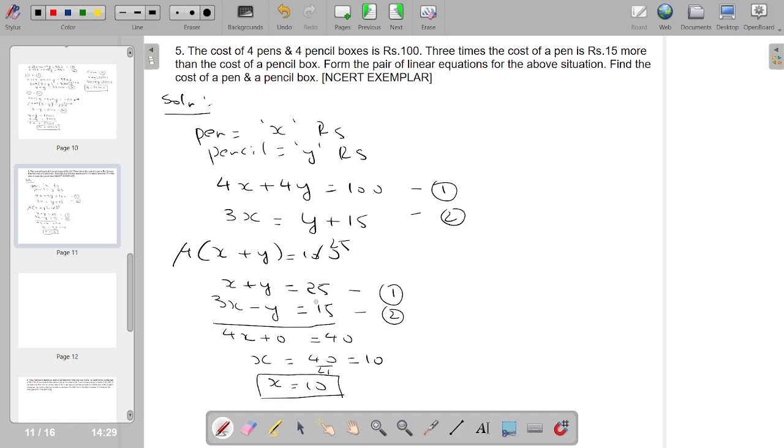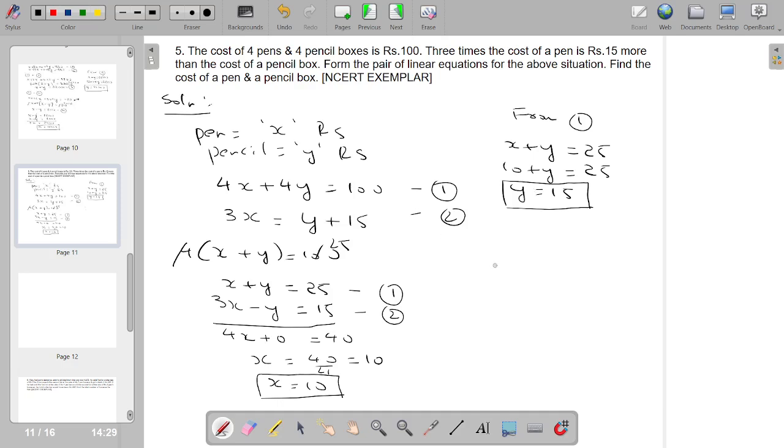So now substitute this x in either 1 or 2. I will be substituting in 1 only. x plus y is equal to 25. 10 plus y is equal to 25. y is equal to 25 minus 10, which is 15. This is the price of a pencil box. Now we got the answer for this particular problem.